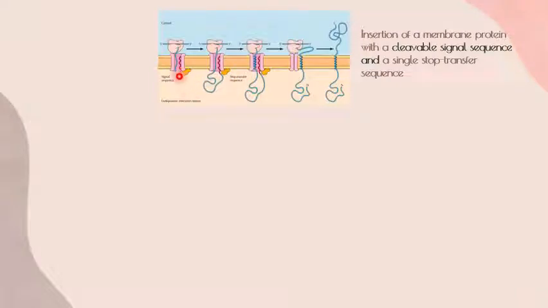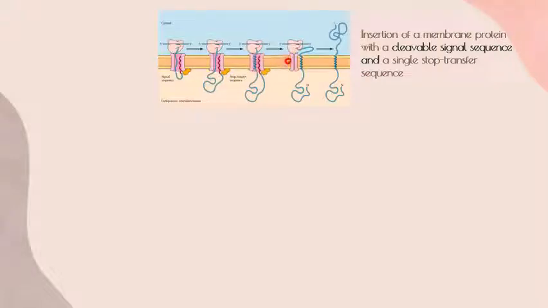So let's see what's happening in this type of insertion. As normal, the signal sequence is cleaved as the polypeptide chain crosses the membrane. So the amino terminus of the polypeptide chain is exposed in the ER lumen. However, translocation of the polypeptide chain across the membrane is halted by the transmembrane stop transfer sequence that closes the Sec61 translocation channel and exits the channel laterally.